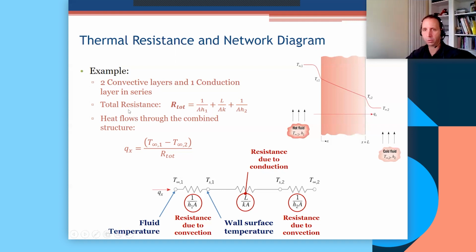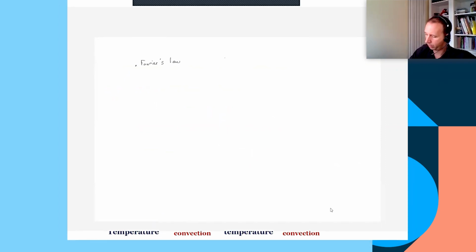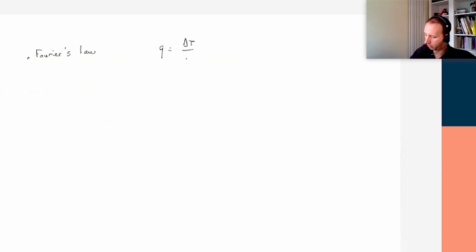Now let's go back to our tablets. You've got two laws. Fourier's law, conduction: Q is equal to delta T over R, and R in this case, if you want to write it in non-vector notation, would be k delta T over the thickness of the wall, capital L, multiplied by the area of the surface through which heat is flowing.